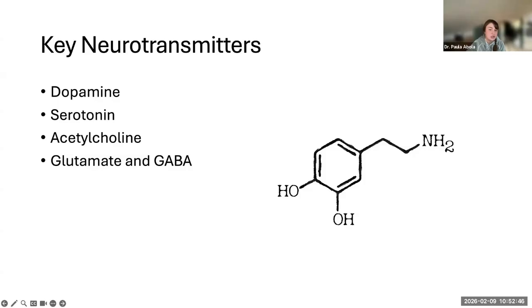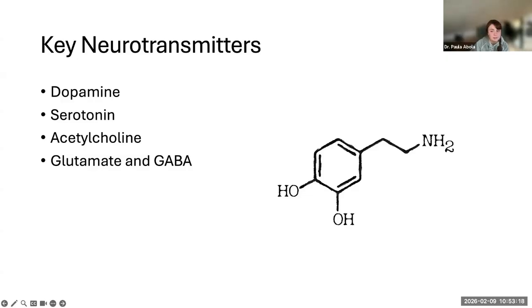So degeneration of cholinergic systems is actually a hallmark of Alzheimer's disease and contributes to memory impairment and attention difficulties. There are, of course, other neurotransmitters such as serotonin, glutamate, and GABA, which also play essential roles in mood regulation, excitation, and inhibition.